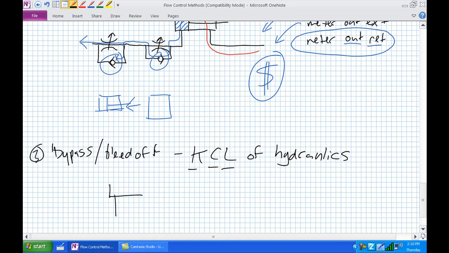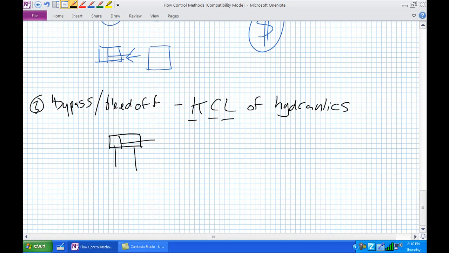Let's say I've got a cylinder here, and it's hooked up to a directional control valve, which is hooked up to a pump, and pressurized flow is entering here. What would happen if I just stuck a flow control valve off to the side and returned it straight to the tank?